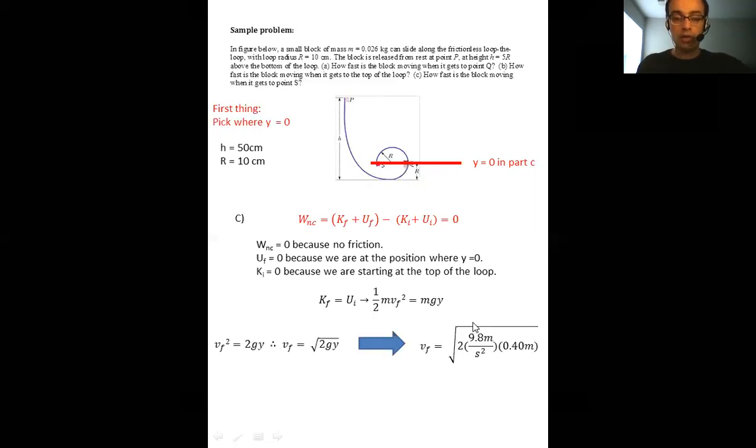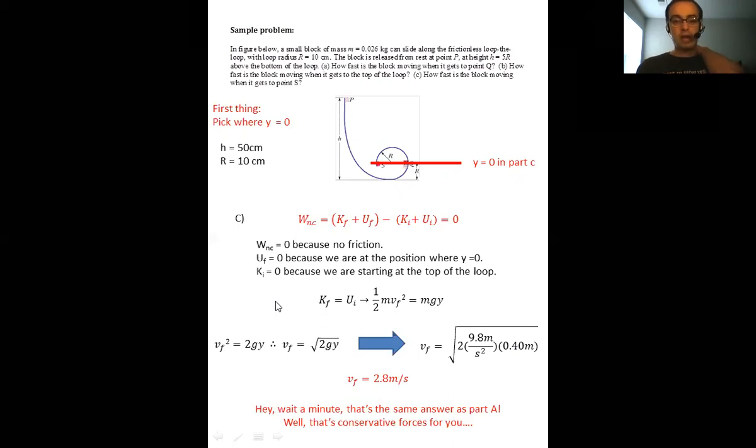We plug in our expressions. We go ahead and do the same thing that we did before. Once again, this is 40 centimeters because this distance is 10 centimeters and this distance is 50 centimeters. So we're looking at 40 centimeters. And we find that the final velocity is equal to 2.8 meters per second.